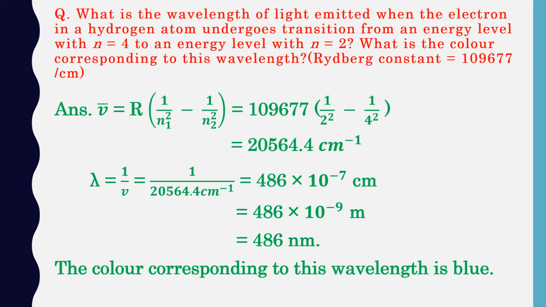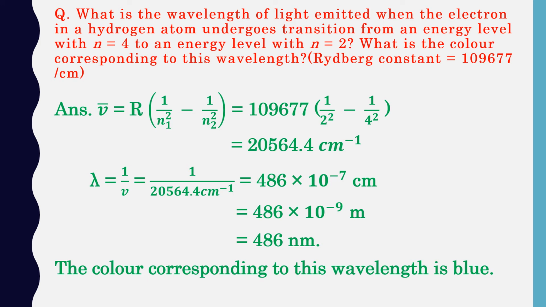By applying the Rydberg formula, nu bar equals R multiplied by 1 by n1 square minus 1 by n2 square. Here the electronic transition is from n equals 4 to n equals 2, so n1 equals 2 and n2 equals 4.